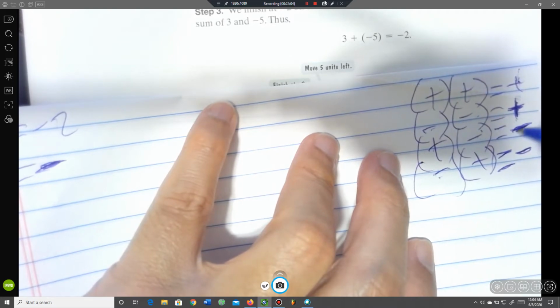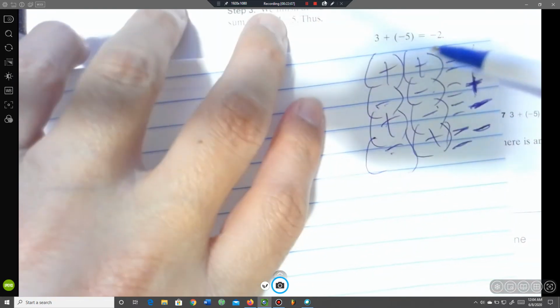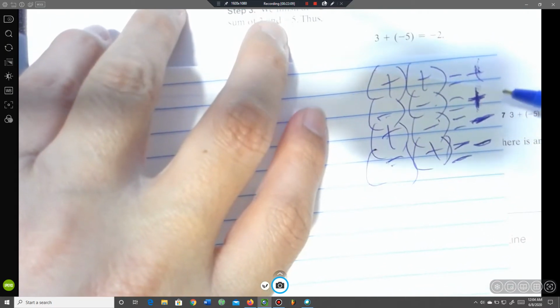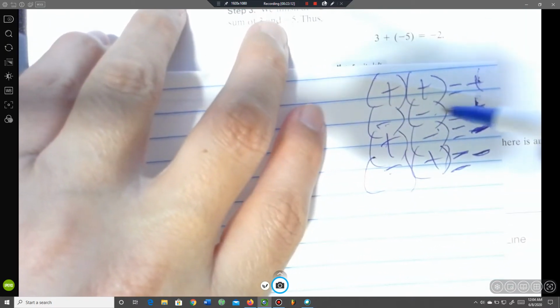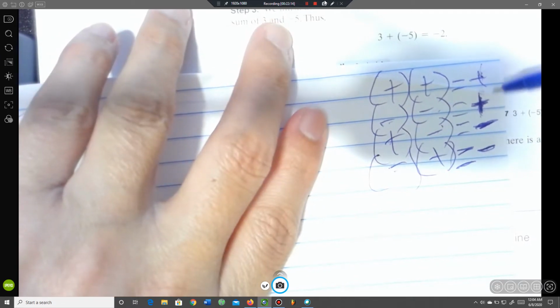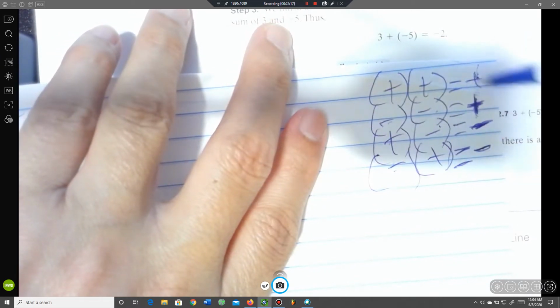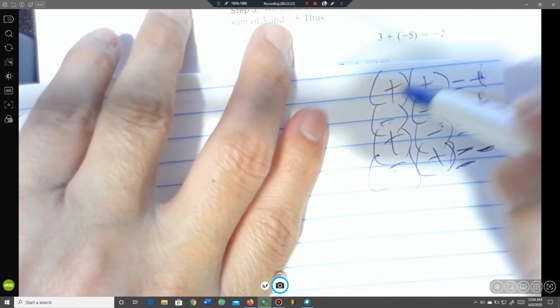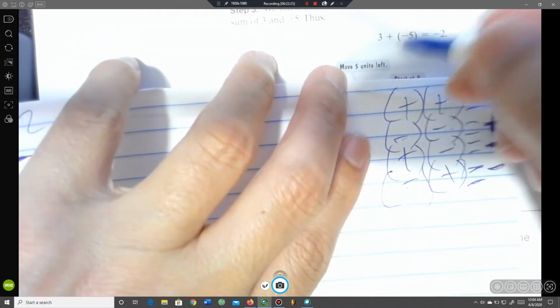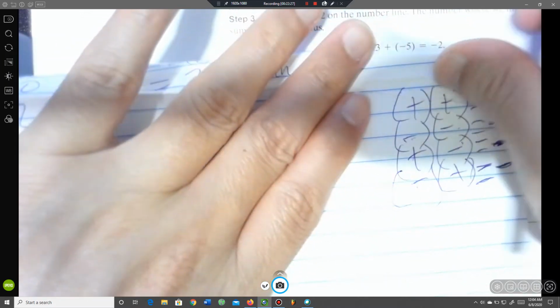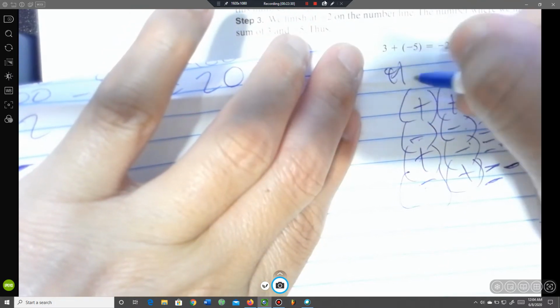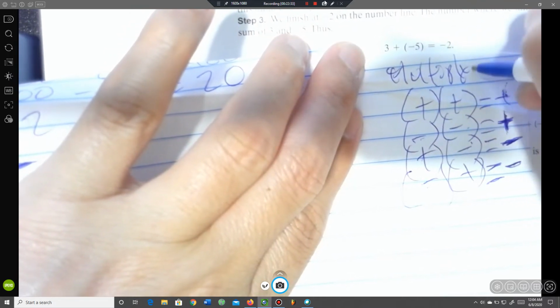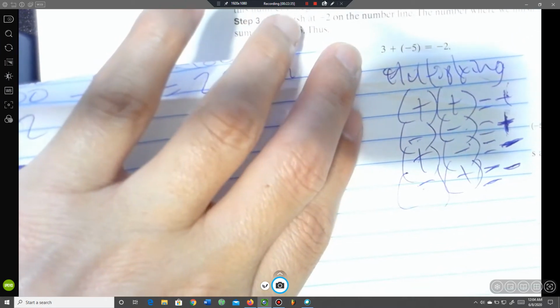All right, so this is something you could write in your notes. If you write a lot of notes, make sure you write this on a separate piece of paper, because this is important. You're gonna use this knowledge again and again. I'm gonna label this multiplying. When you multiply two positive signs, you get a positive answer.